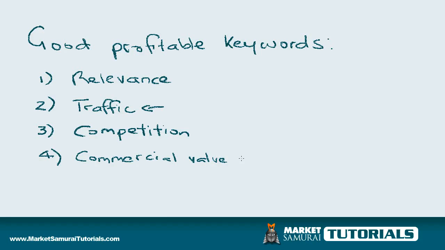For any keyword to be profitable, this is crucial, because you need to determine whether this keyword has some potential to make money. And inside Market Samurai, we can see that and determine it from Google's analytics.